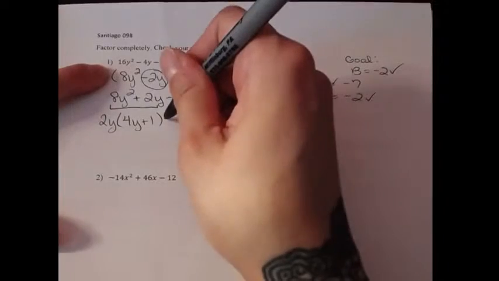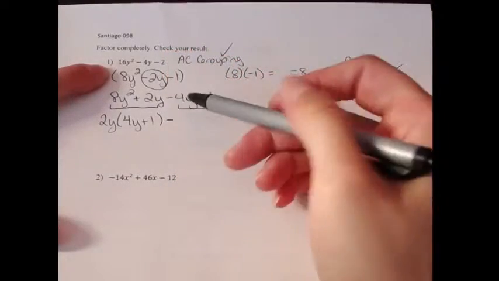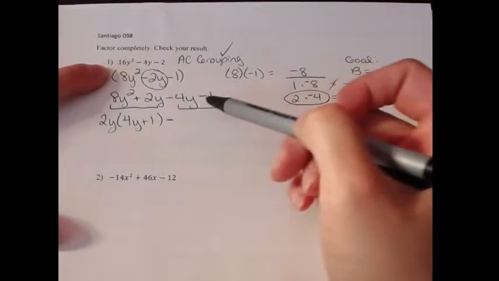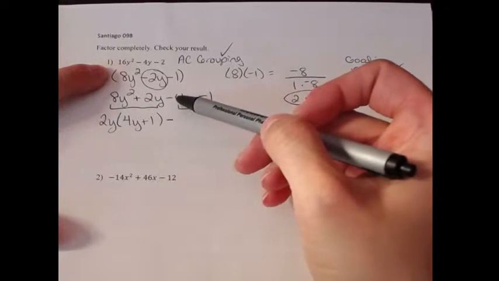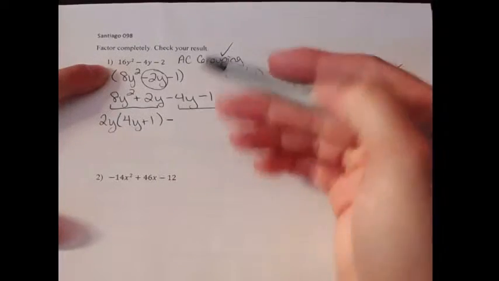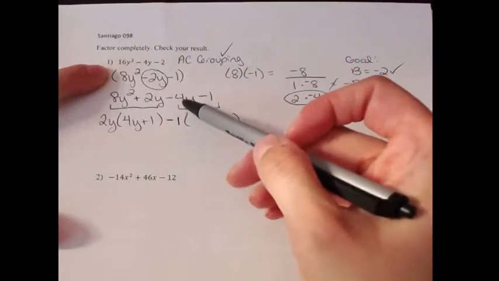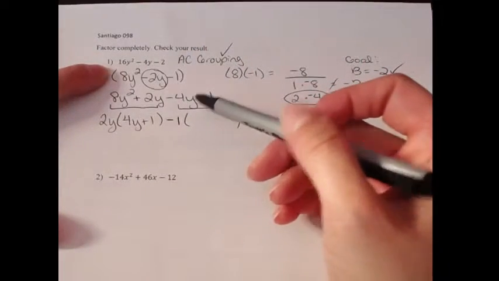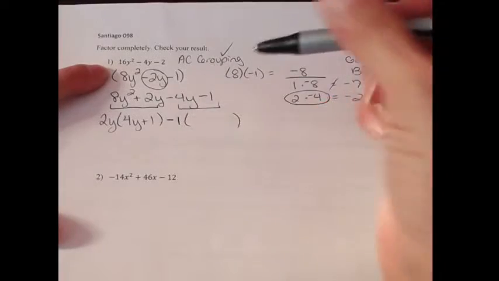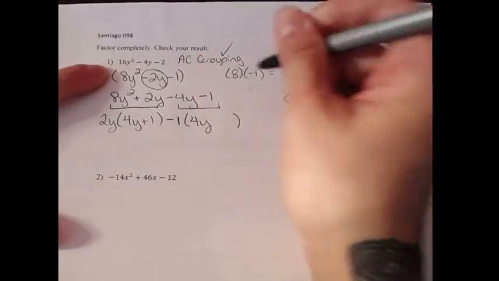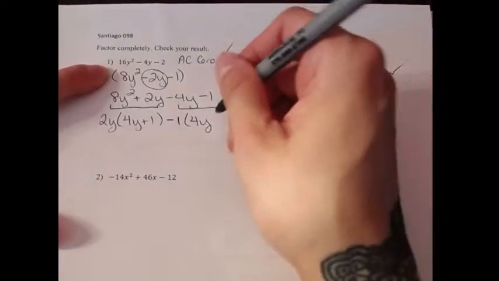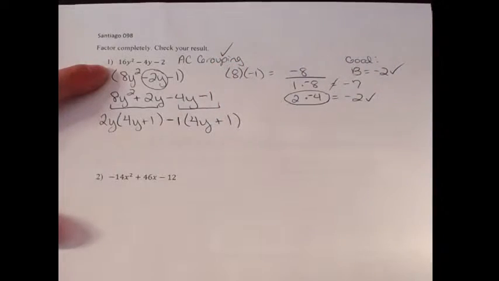Bring down your minus. For negative 4y minus 1, my GCF, since my leading term is a negative, is going to be a negative 1. If I factor a negative 1 out of both of these terms, negative 4y divided by negative 1 is a positive 4y, and negative 1 divided by negative 1 is a positive 1.